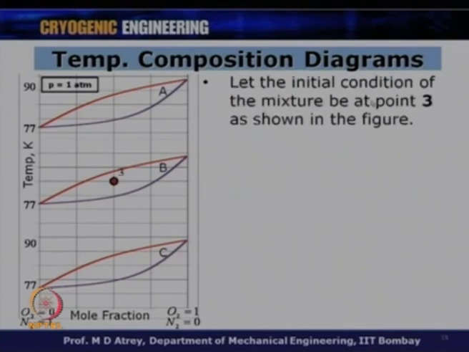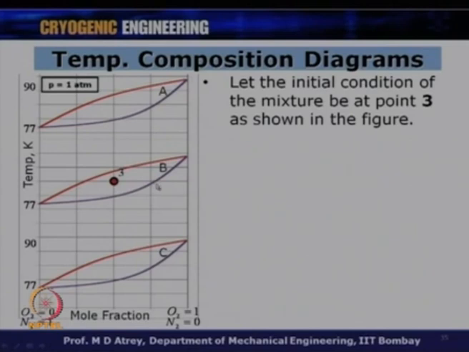Let us say the initial condition of the mixture is at 0.3, the molar fraction of the mixture to be separated, oxygen and nitrogen. When I come to the middle diagram, I start with B first, at 0.3. Now, let us find the corresponding vapor and liquid molar fractions.